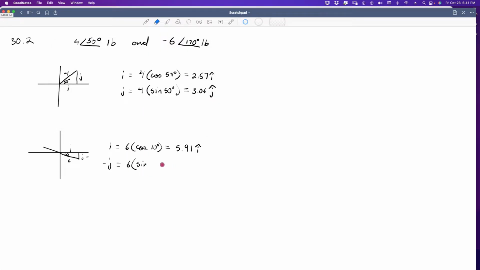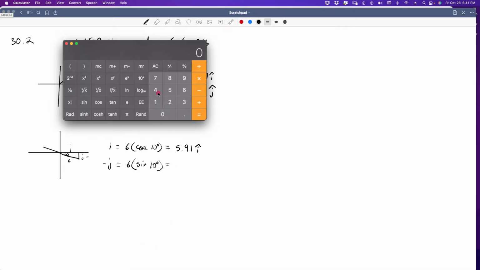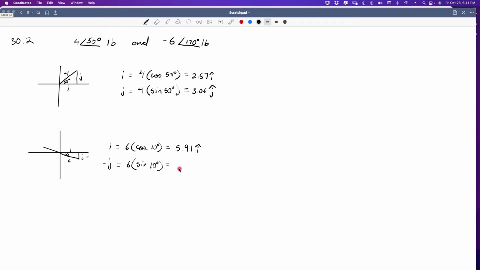You know what? When I wrote that, I was looking up here instead of over here. That's 10 degrees. Y'all, this 10 over 50 thing is making me bonkers. All right, 10 sine times 6. There we go. Now I have the right answer. 1.04. And that is negative J. All right, so there's that right there.